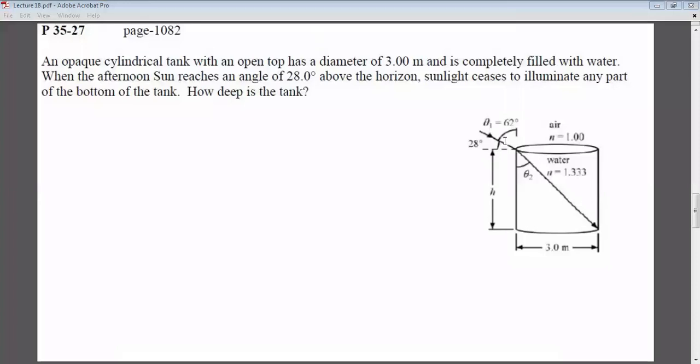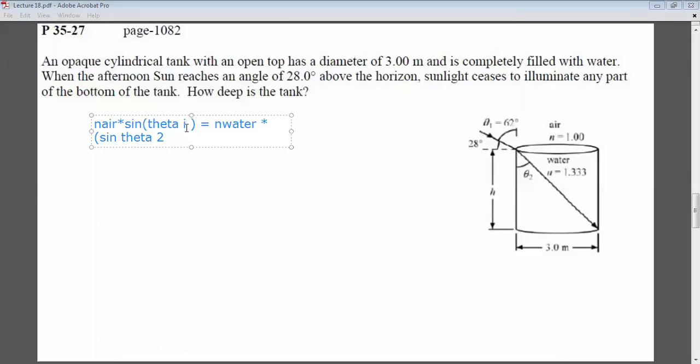It is 62. So we apply Snell's law: n air times sine theta incident is equal to n water times sine theta 2.